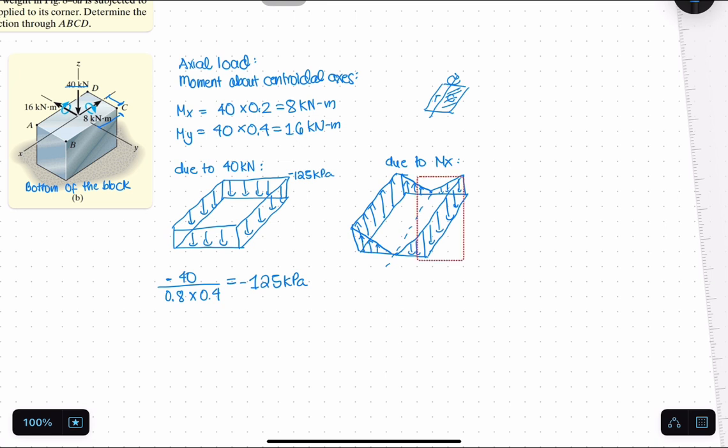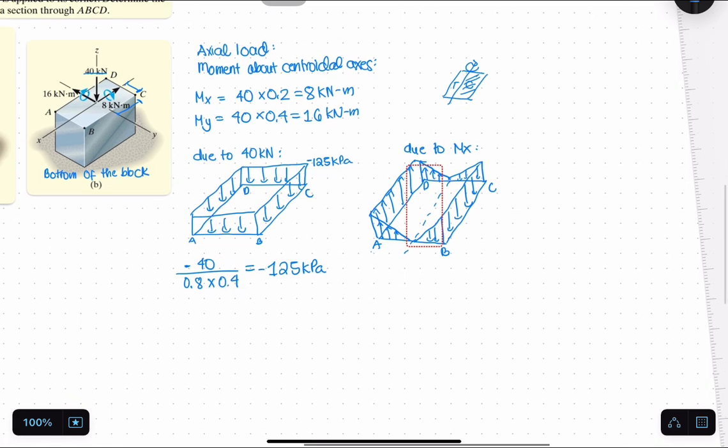So, kunin natin yung value ng points dito. Di ba this is A, B, C, D. Yung nararamdaman ng point A at saka D, same lang, at saka yung point B at saka C. Okay? So, to get that, we need Mx.